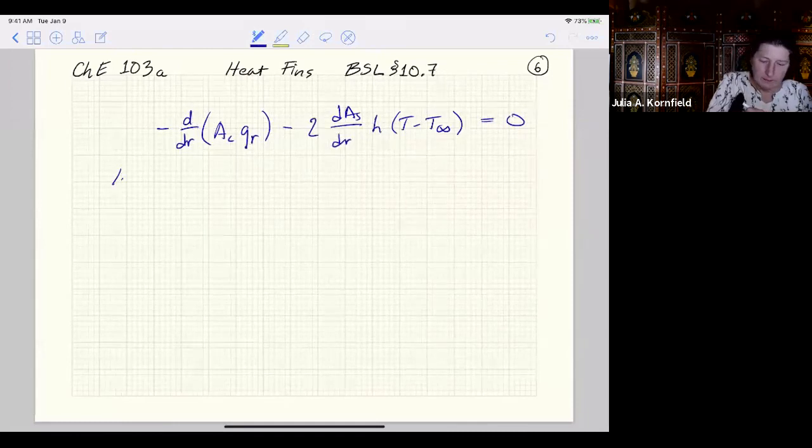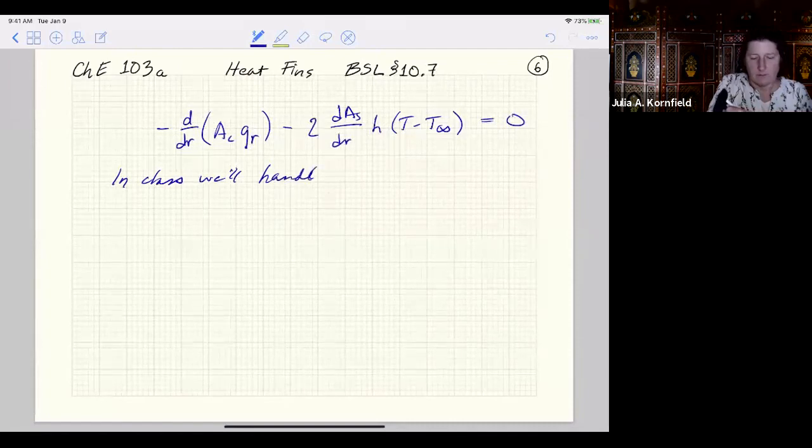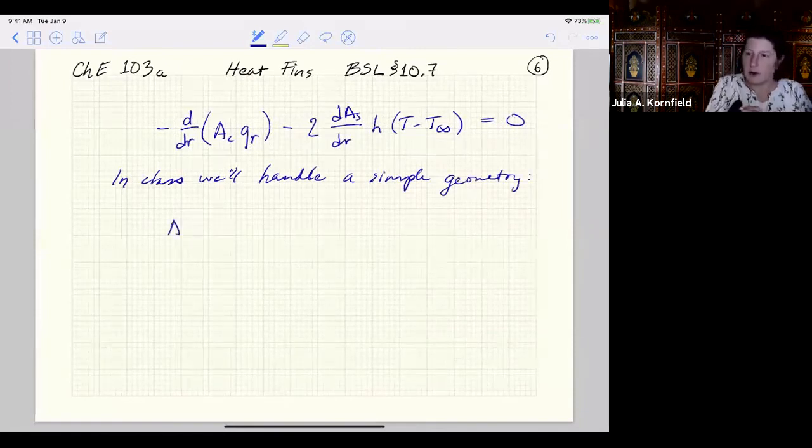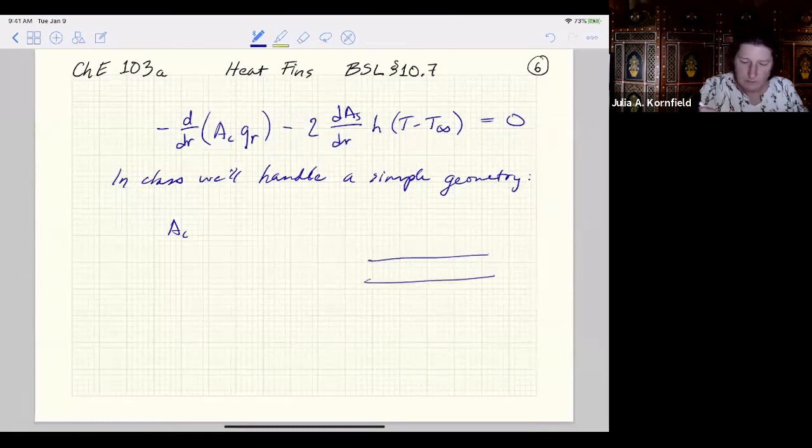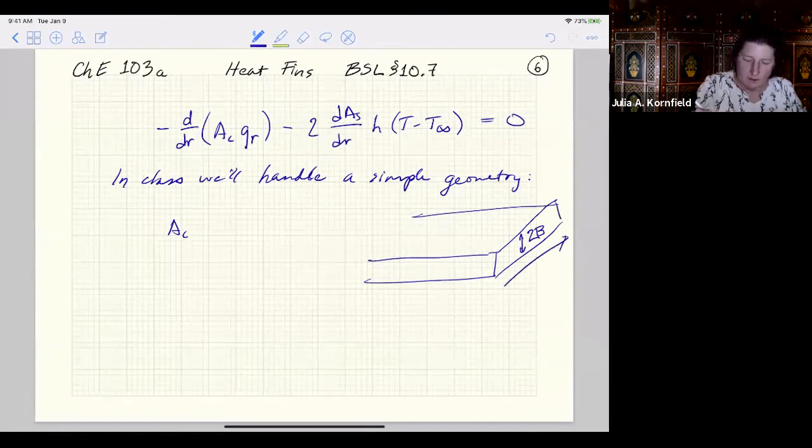So in our case, the cross-sectional area is just the thickness of the fin, which is 2b, times the width of the fin. So this is 2b times w, and it's constant.